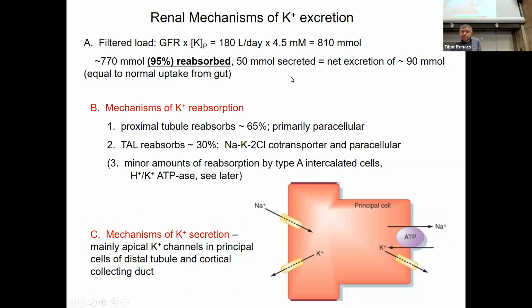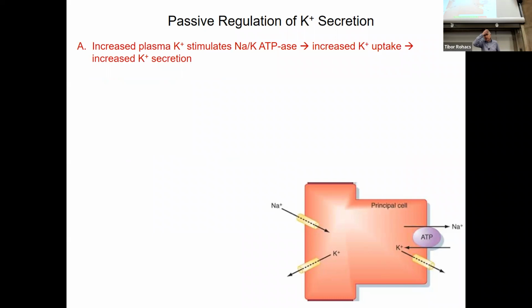Because of the sodium reabsorbing mechanisms, because this guy, the sodium potassium 2-chloride cotransporter, needs potassium to reabsorb sodium, the side effect of that is very little sodium left in the lumen, but later segments actually compensate for that by secreting additional potassium. And in the case of potassium, the secretion will be the regulated step.